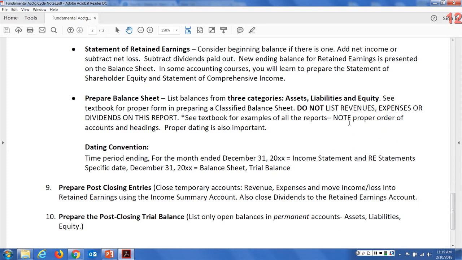We don't write the word classified on it, but we do classify it based on current and non-current items. Current would be your current assets that are expected to be used up or become liquid within a year.